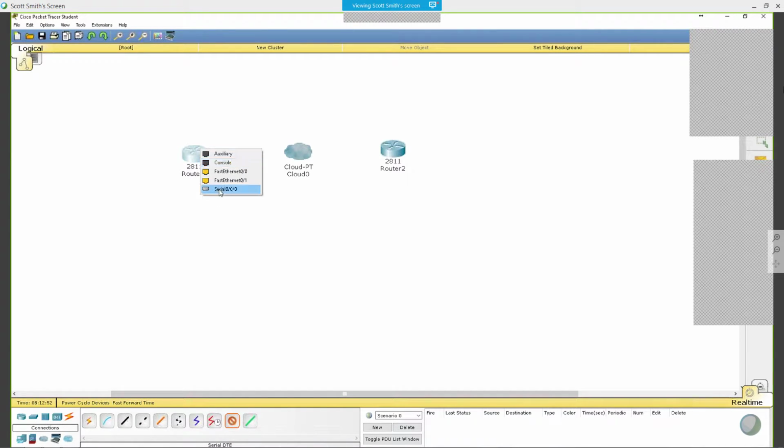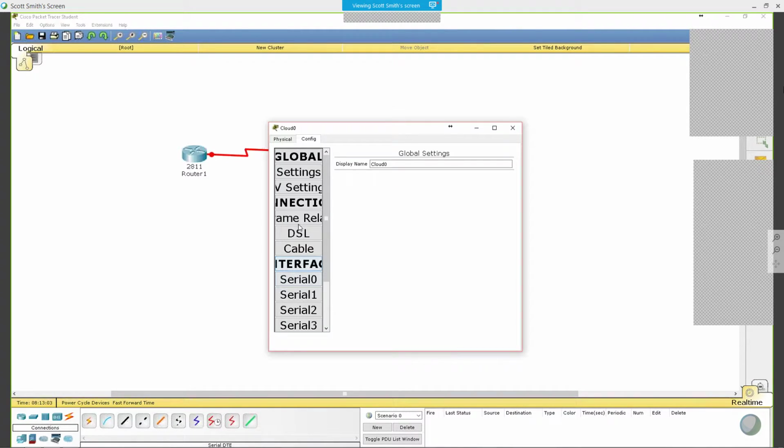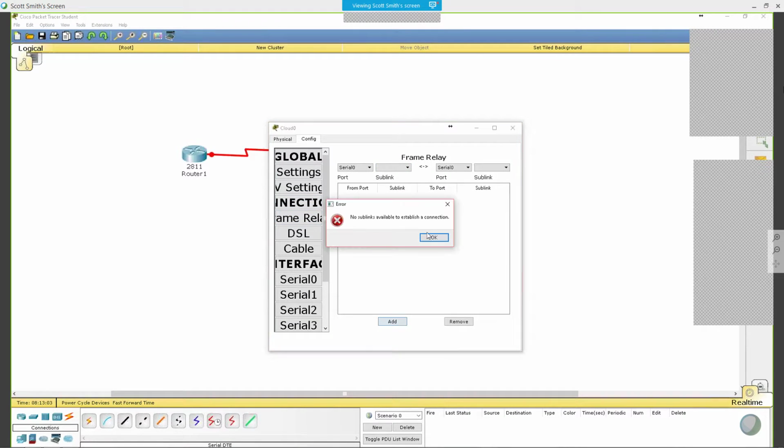Serial, yeah, it looks like you have to connect them first. Serial 1, serial 0. Now I can go to my cloud, go to frame relay, and I should be able to add serial 0. Oh, there we go.